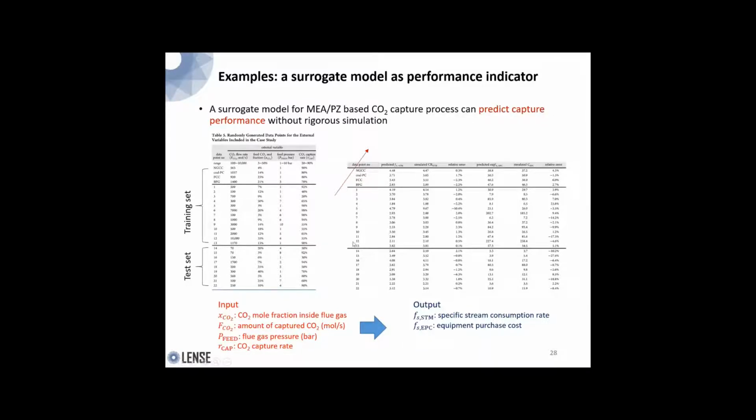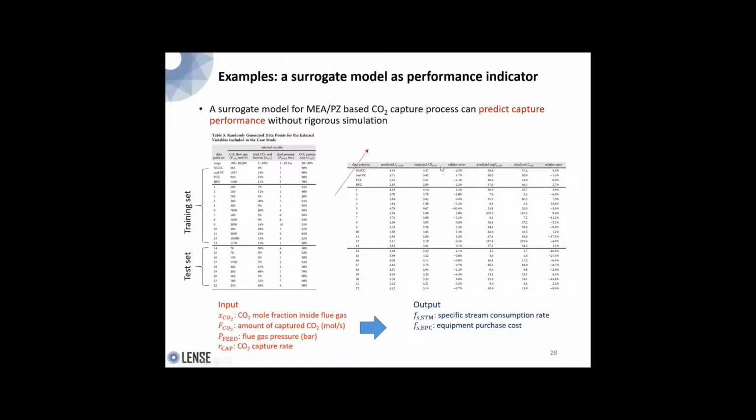And in creating this data, we actually had to optimize the operating conditions of this capture process. So there was quite a bit of work to be done, because we wanted to minimize the amount of steam that was used.